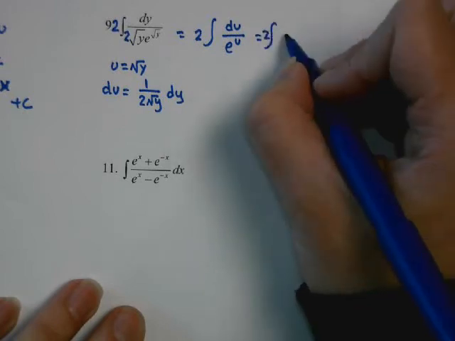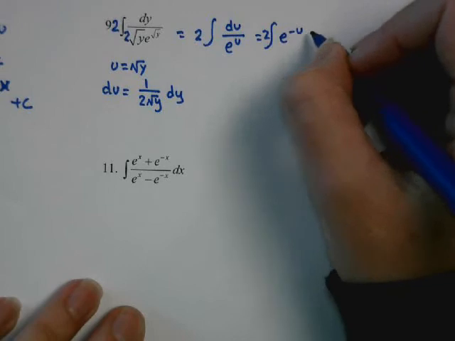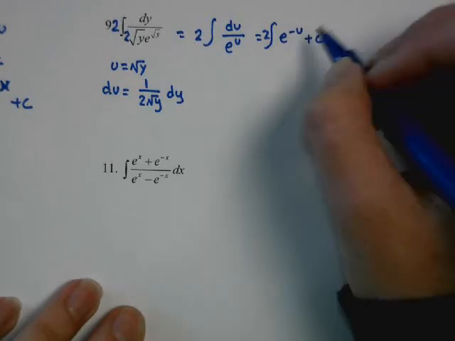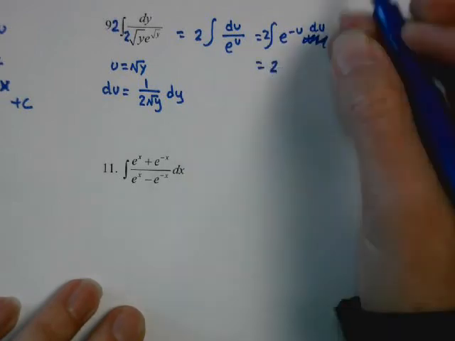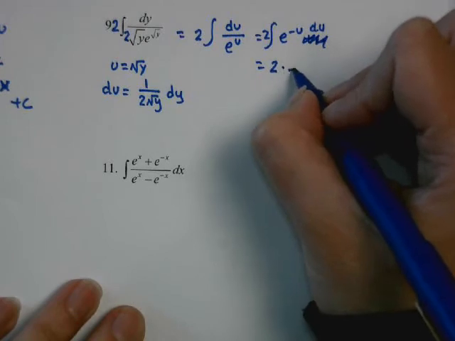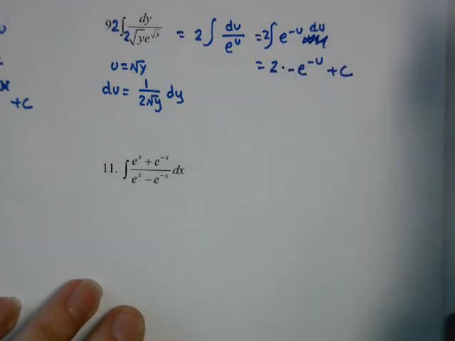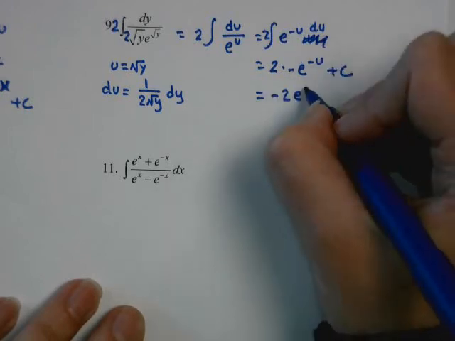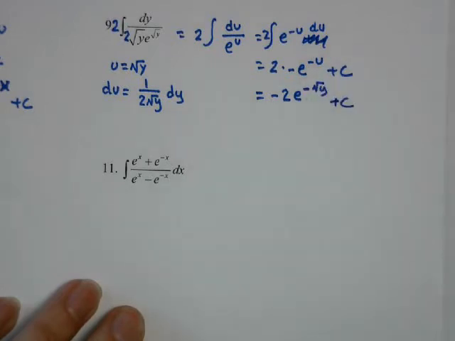So I'm going to make this 2 times e to the negative u du. So this is going to be 2 times negative e to the negative u, which is going to be negative 2e to the negative square root of y plus c.